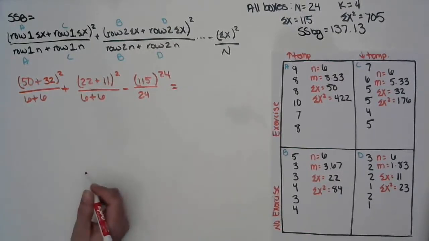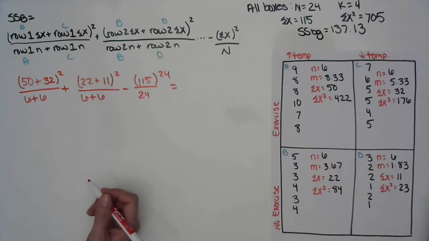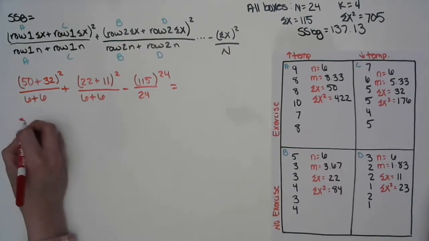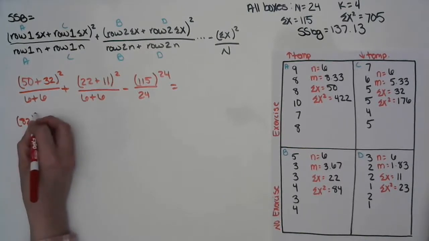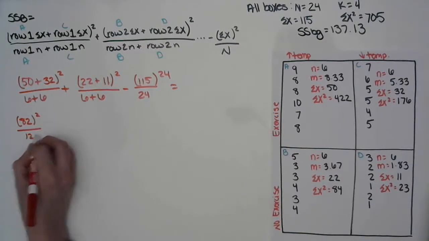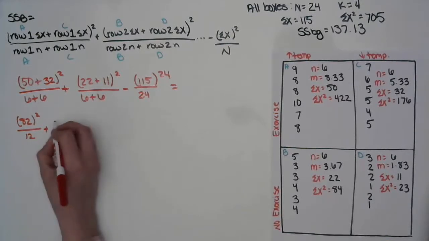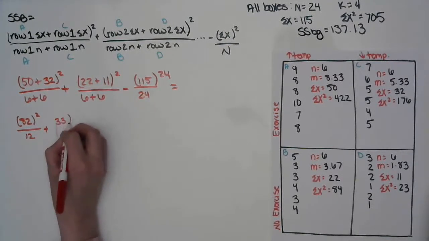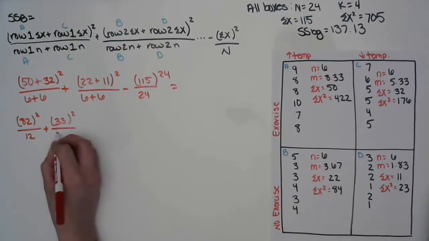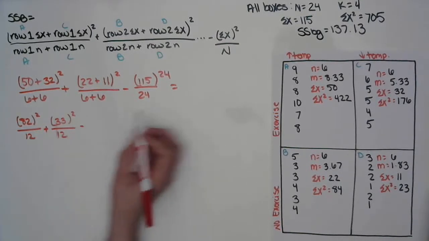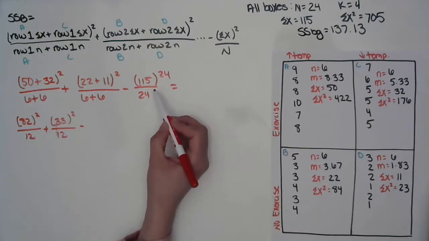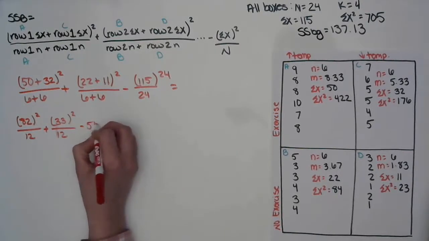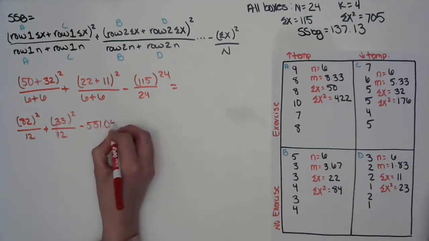Okay, so we are going to add up 50 plus 32. That's going to give us 82 squared over 12. Plus 22 plus 11 is 33 squared over 12 minus, remember we've done this multiple times, so we have 551.04 for that.